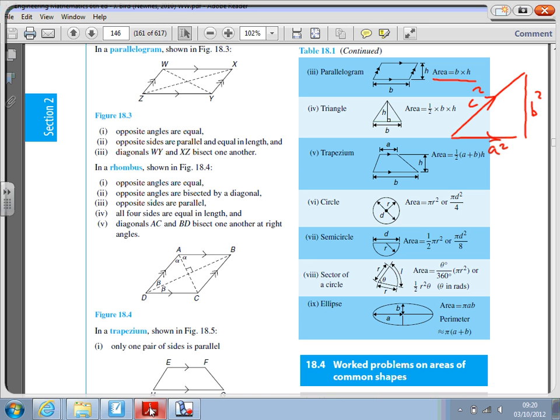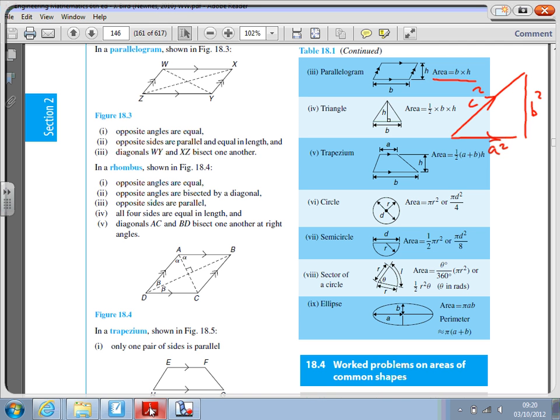So if I know c squared and I know a squared, I can find b squared. b squared is c squared minus a squared. So Pythagoras is another formula that might well come up too. So in these sorts of problems, here are the formulae, but we also need some other knowledge. We might need other formulae, other mathematical bits of information to help us, and Pythagoras is one of them.